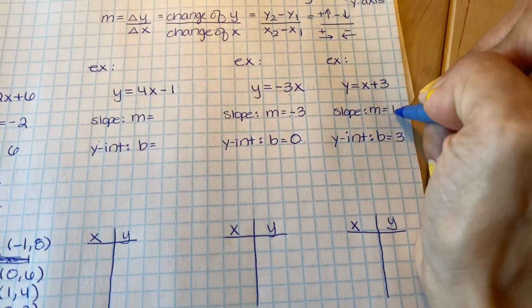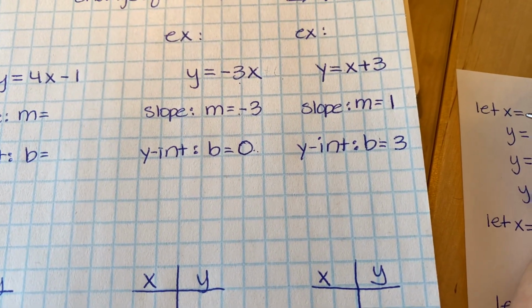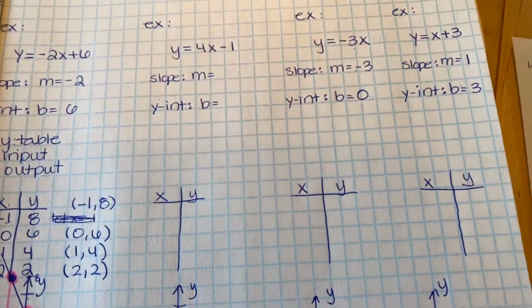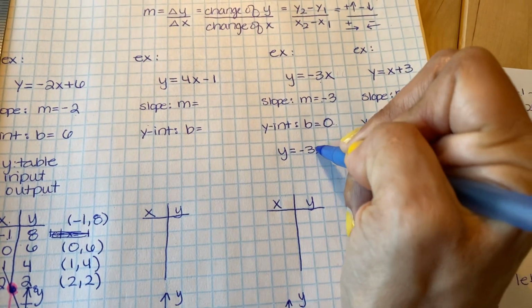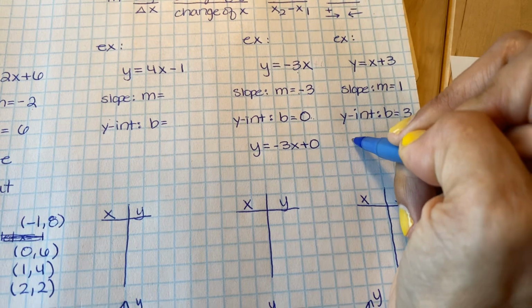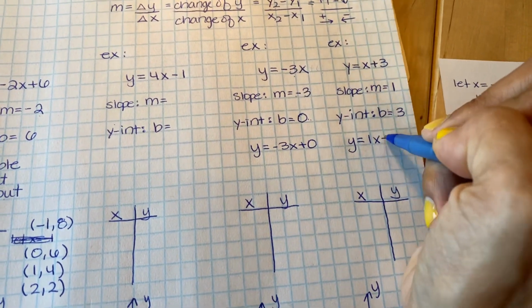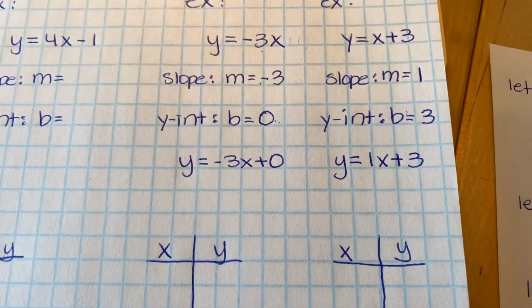It is +1, right? Okay, so if we were going to be super extra, it would be y is equal to -3x plus 0, and this linear equation would be rewritten as y equal 1x plus 3. So if that makes you feel more comfortable, by all means do that.